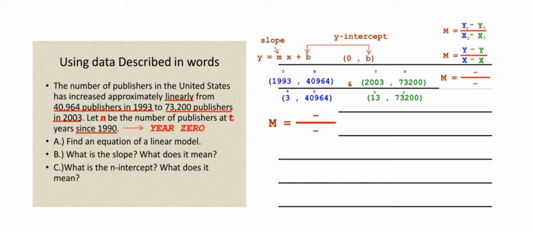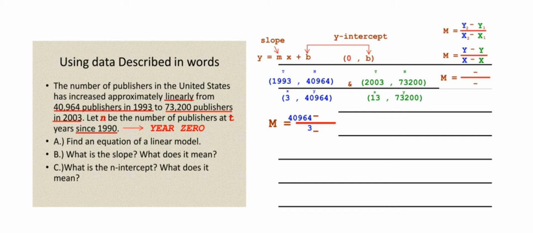And now we want to calculate the slope. So once again, calculating the slope using our basic formula, which is a fraction, with a negative on top, negative on the bottom, in the middle of the fraction sign. Now let's use one of the coordinates. Remember, always the y on top of the x. So y value of 40,964 on top of the same coordinate x value, the 3.